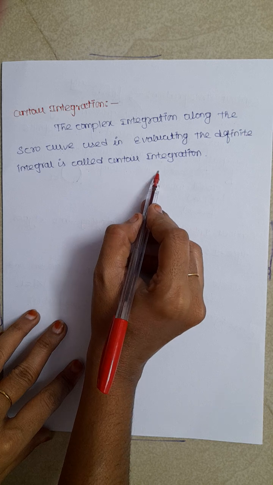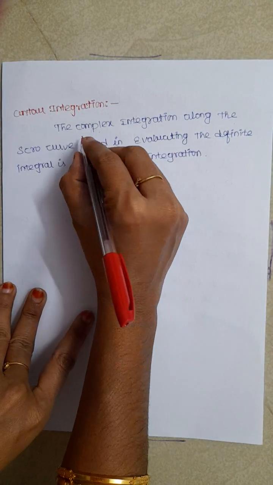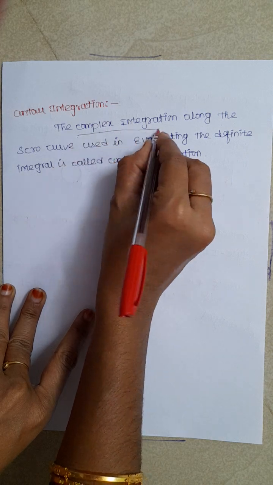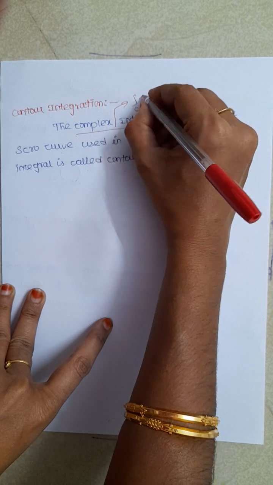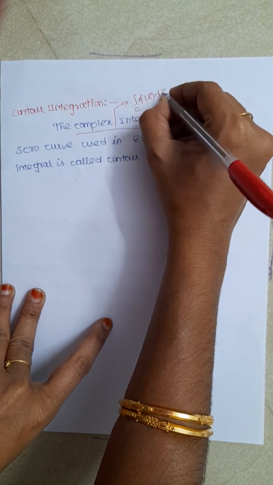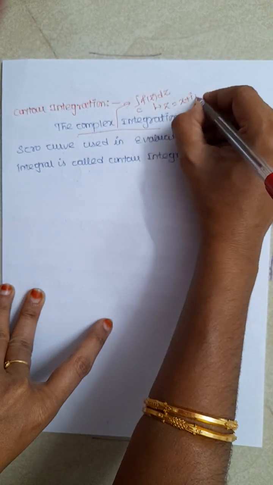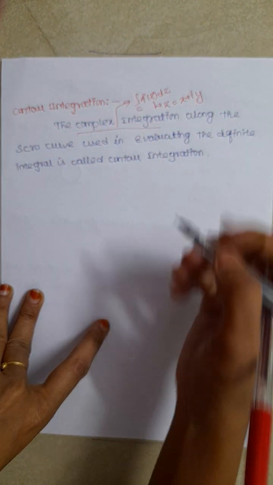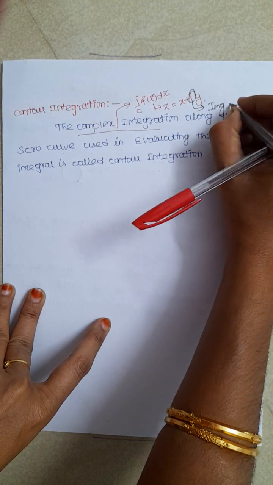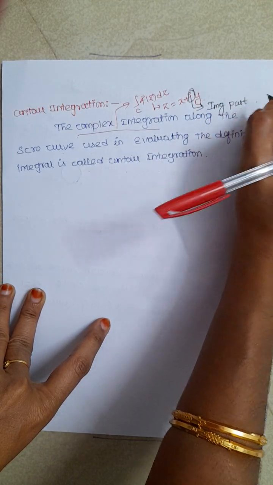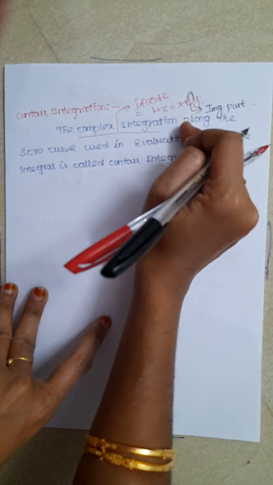So we already know complex integration. Complex integration means the integral over C of f of z dz. Here z is denoted by x plus iy, where i is the imaginary part, so the variable is a complex variable.